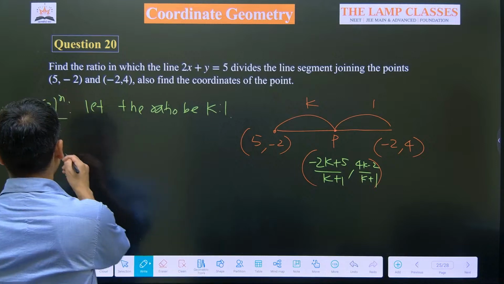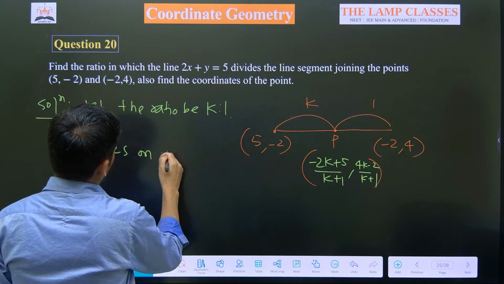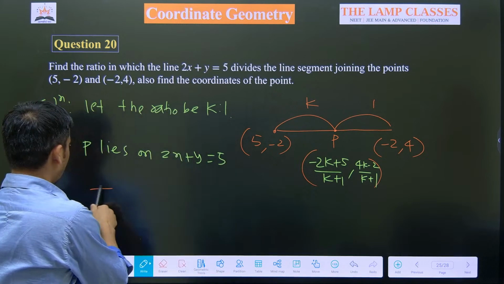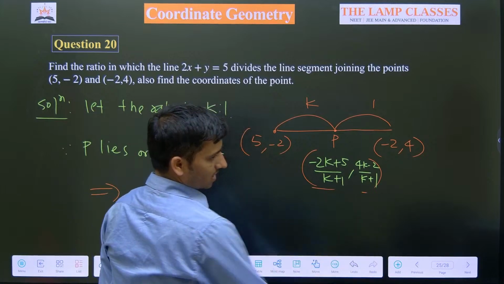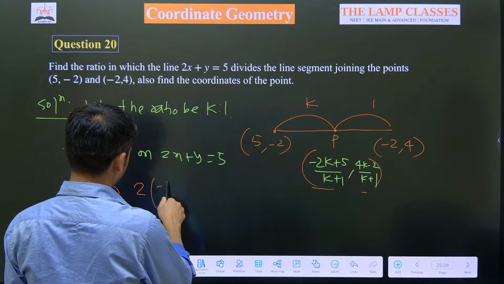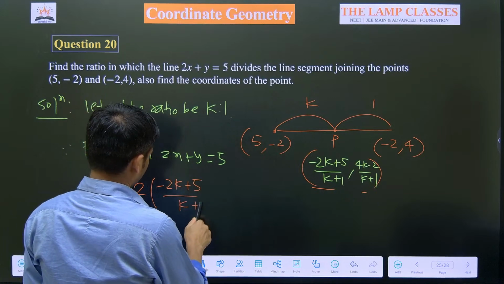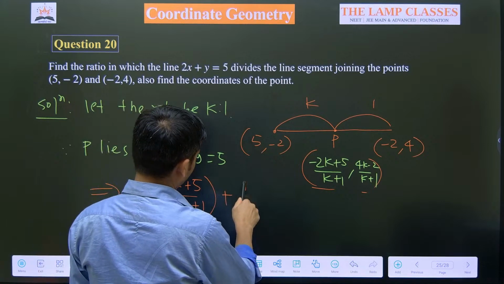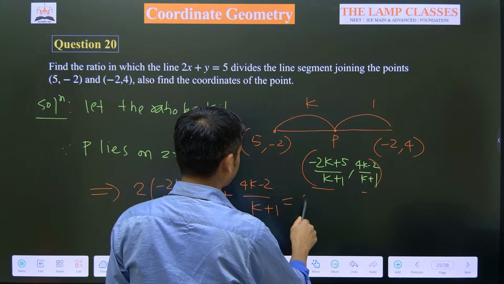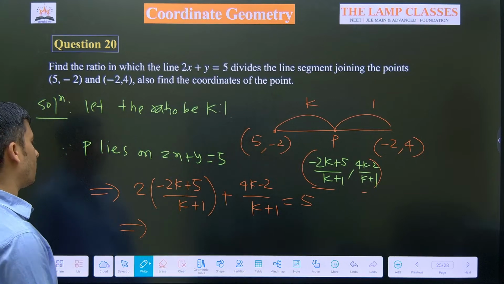And since P lies on 2x plus y is equal to 5, we can replace x by this and y by this and get the value of k, no? So it's 2 times... cross multiply by k plus 1, send that k plus 1 to the right side.